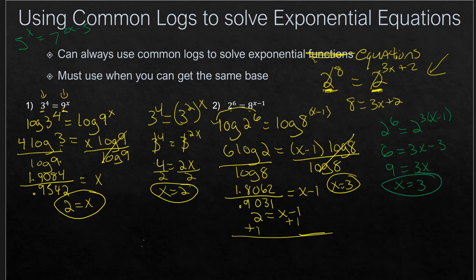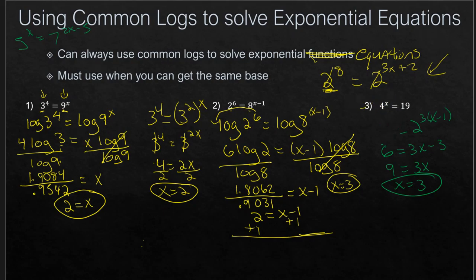So again, you don't have to use the logs, but I just want to practice with it and show you guys that that does work and how you go about doing it. I think I'm going to have to erase, thought I had more. I didn't leave enough space for these problems, but hopefully you see that, and now I'm going to go ahead and do the next problem, but I'm going to have to erase this over here.